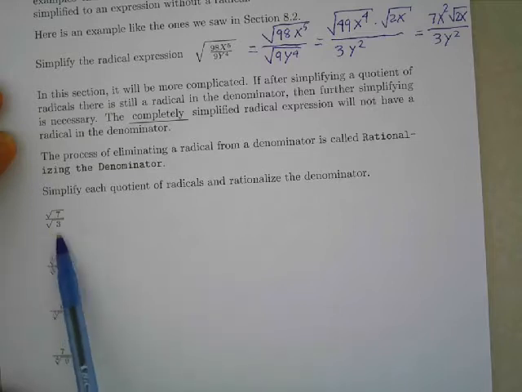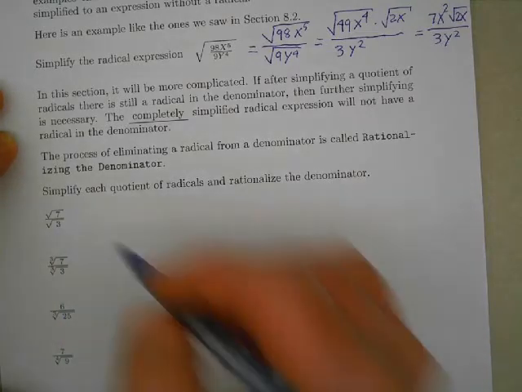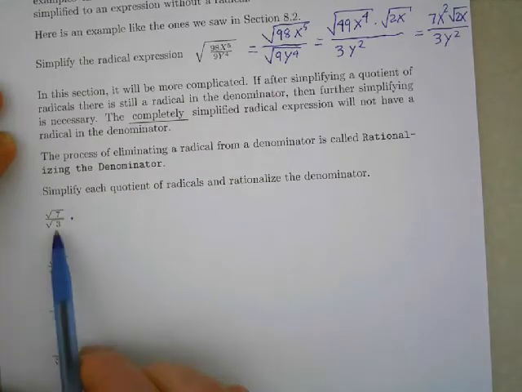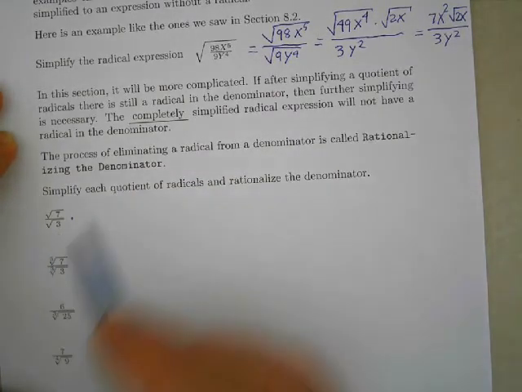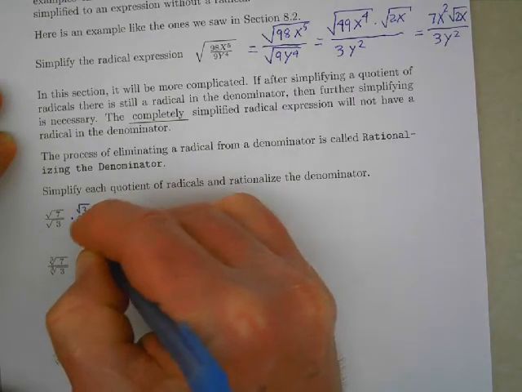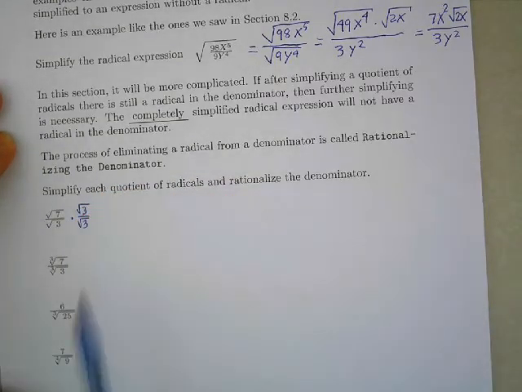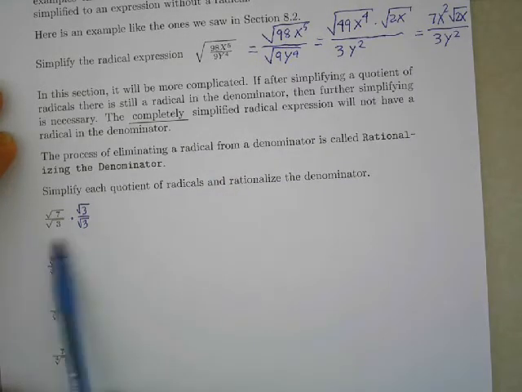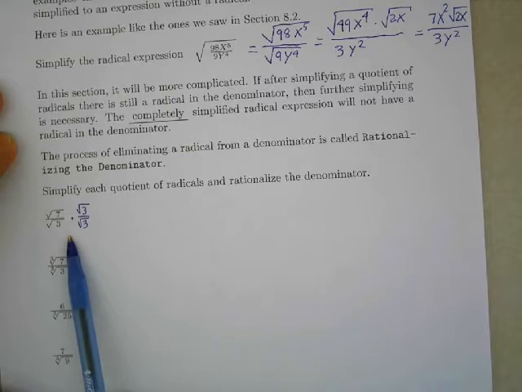So that tells us that we need to multiply this quotient of radicals by 1 in the form the square root of 3 divided by the square root of 3. We're just multiplying by 1, so we're not changing the value of this number. We're just changing its form.